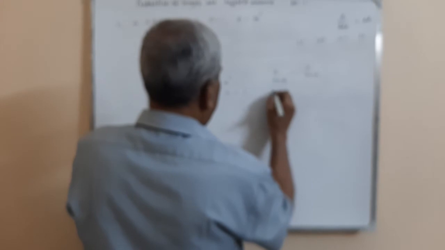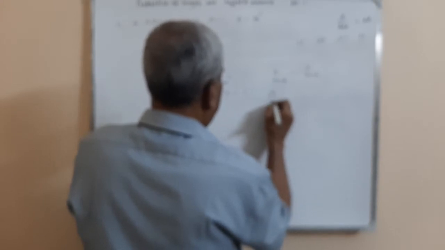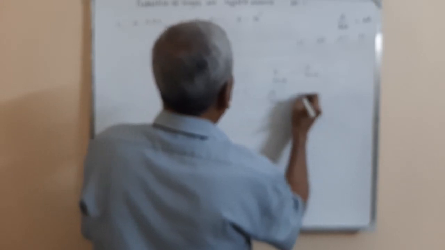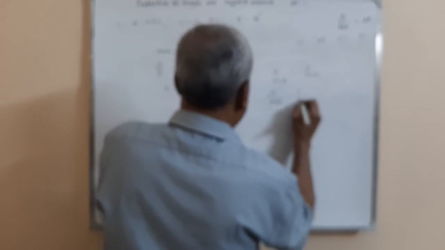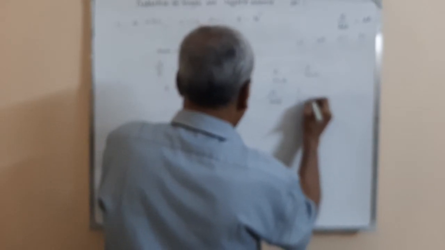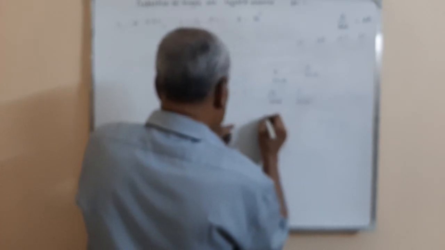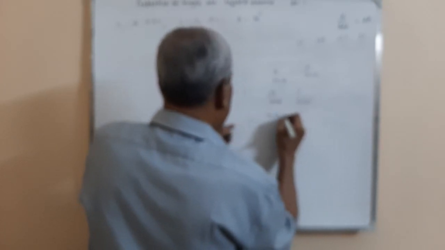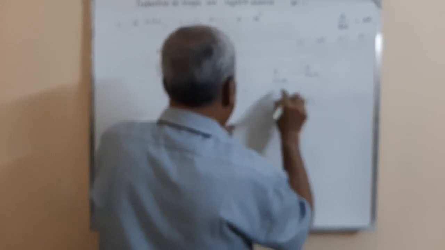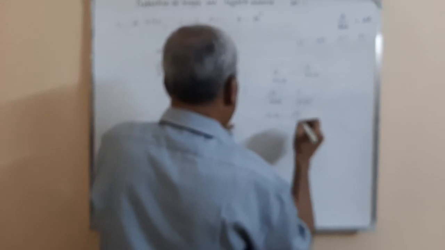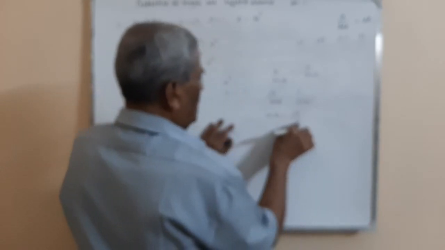b is root 3 by sine B is equal to a means 1 by sine 30 degrees. So sine B, sine 30 degrees is half, root 3 into half, is equal to, sine B is equal to this.